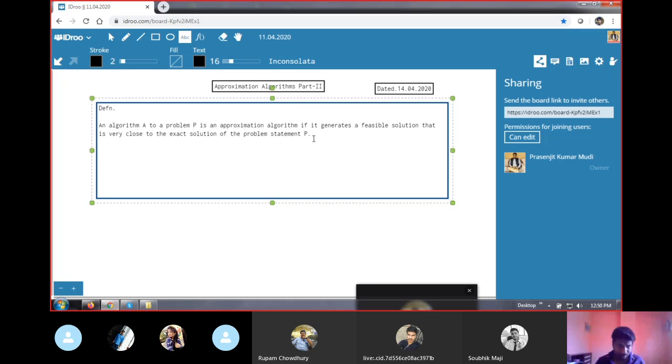We have some classifications of approximation algorithms, so we will discuss their definitions one by one.